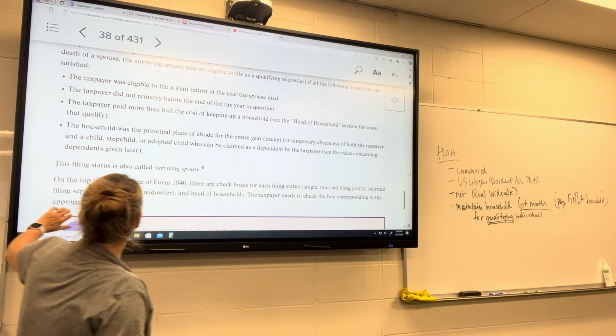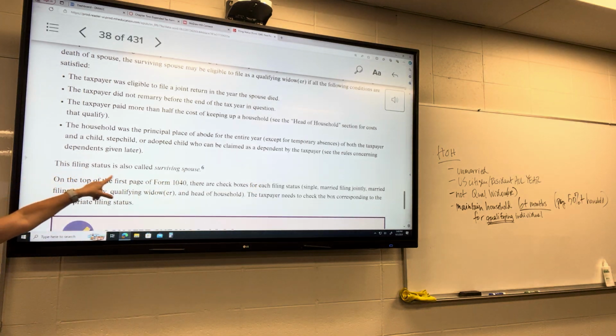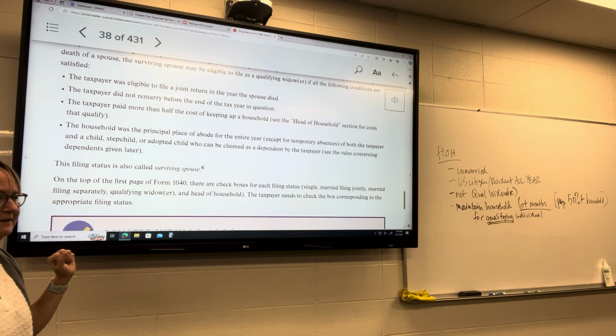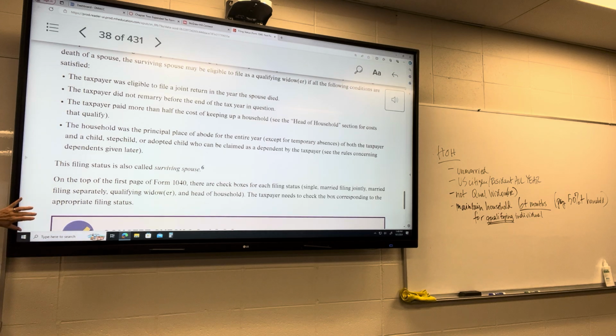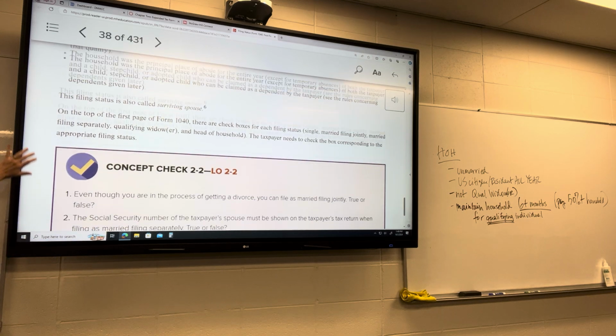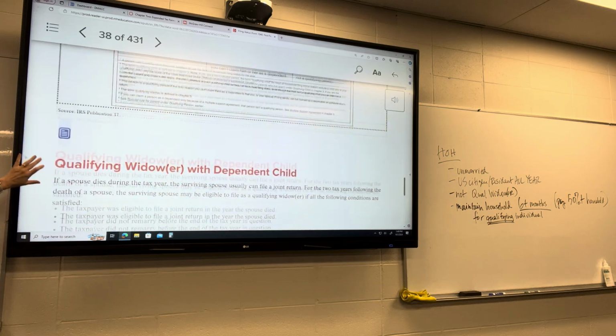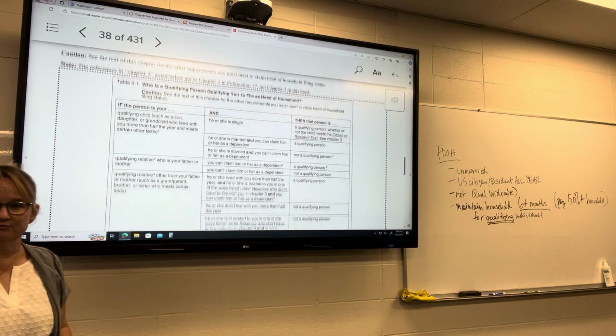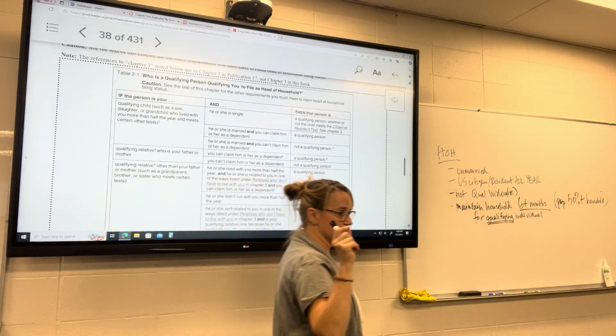Okay. Filing status is also sometimes called surviving spouse. That's kind of less of a mouthful than qualifying widow or widower with a dependent child, right? So remember at the top of the form is where we choose that filing status.